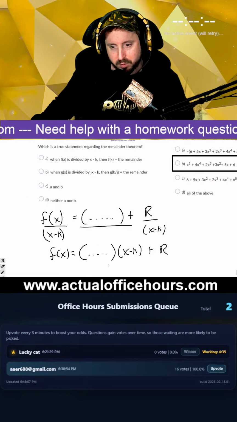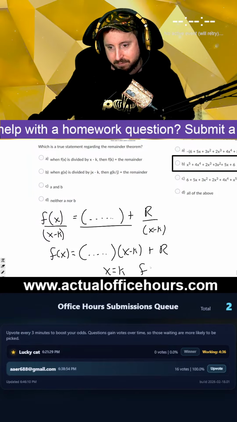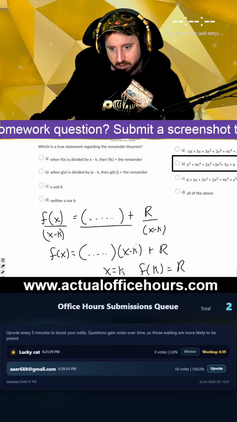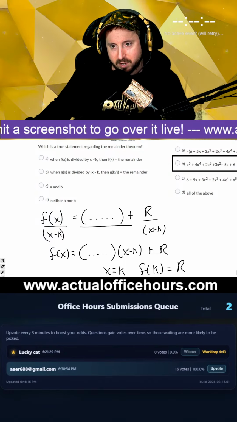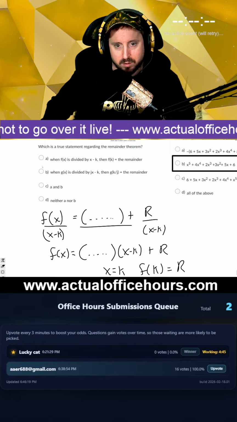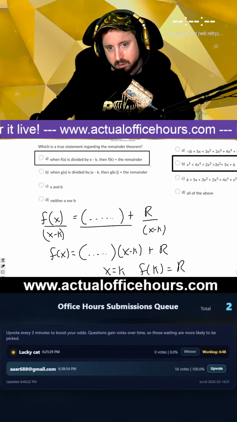Then if you plug in x equal to k, f of k is just equal to the remainder, because then this term goes away. So when it's divided by x minus k, f of k is equal to the remainder. I believe that's correct.